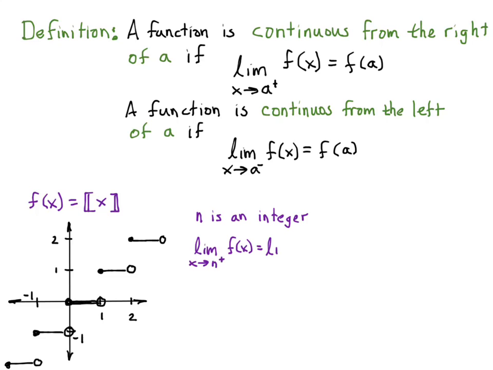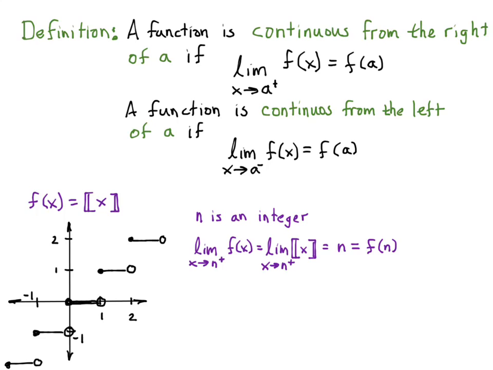If we go to any integer from the positive side, from the right-hand side, let's say n equals 1, as x goes to 1 from the right side, that means it goes like 1.5, 1 1/4, 1 1/8, and it goes down to that integer 1 from the right side.